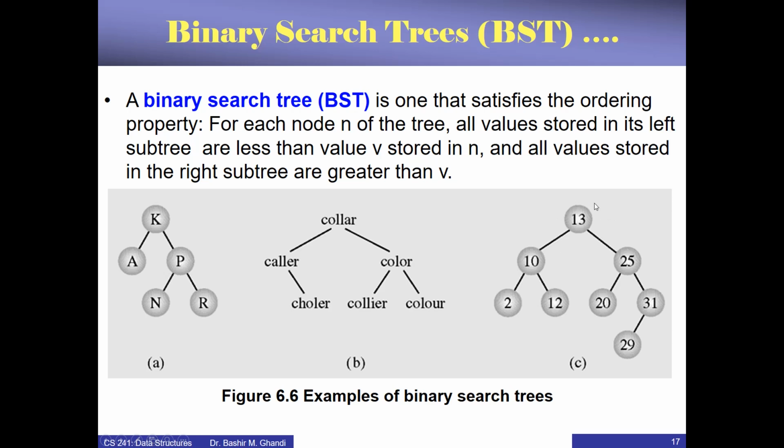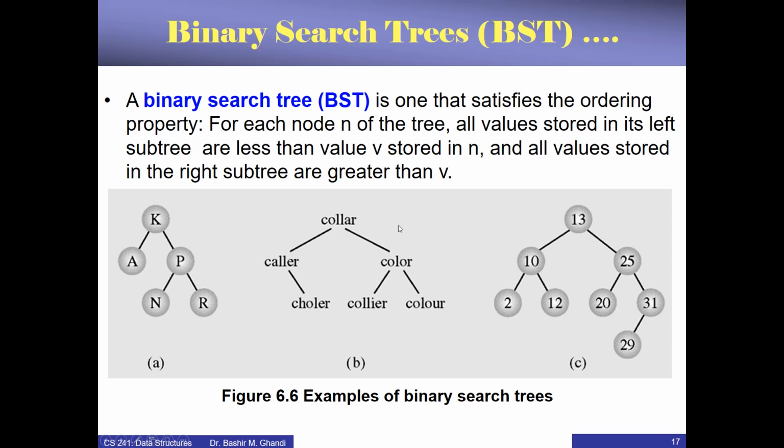For example, if you are looking for 29, you just compare with the root here. 29 is greater than 13, so you don't waste your time looking for 29 on the left. Just go to the right. And similarly, we will talk about searching in a moment, but basically this is where the name comes from, the fact that it is easy to search in a binary search tree.